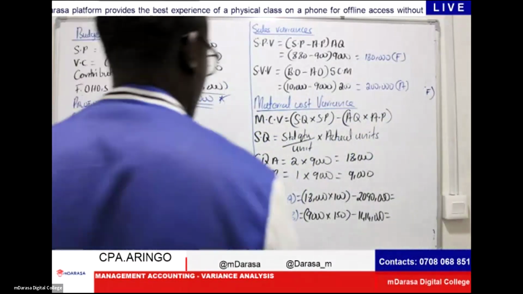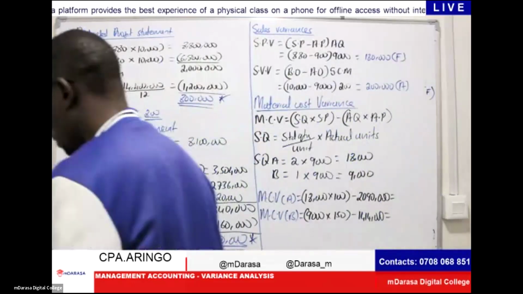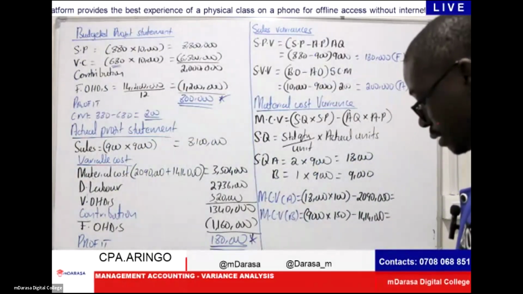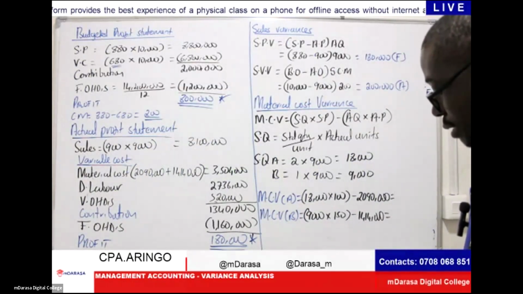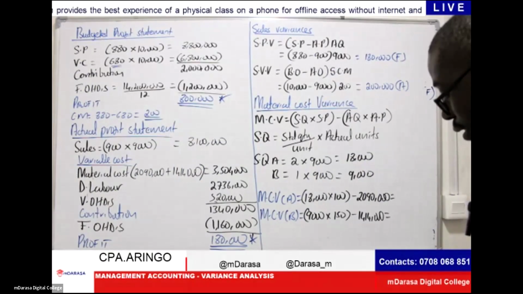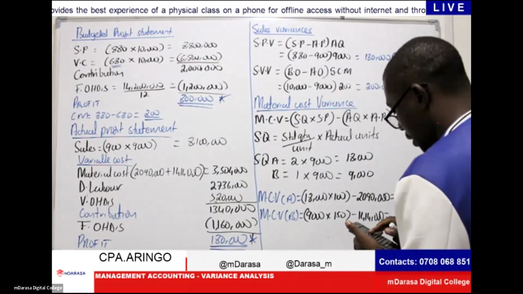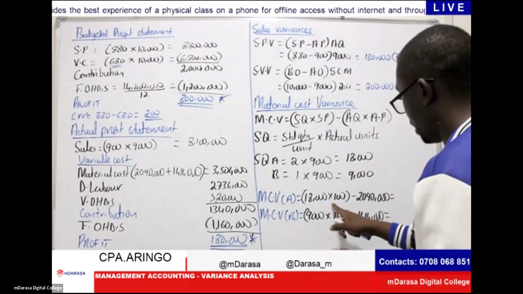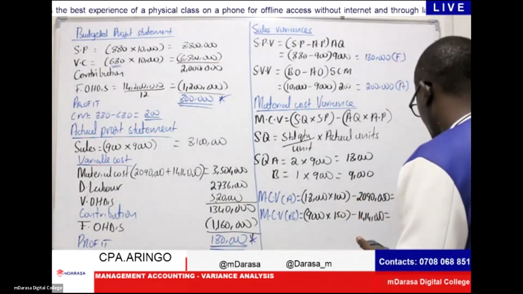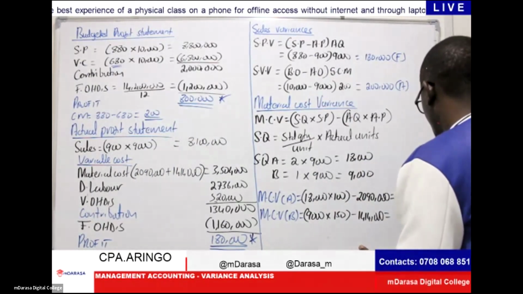So we consider 18,000 by 100, less 2090. We had budgeted to spend 1.8, but we ended up spending 2090. So I'm having a variance which is adverse.